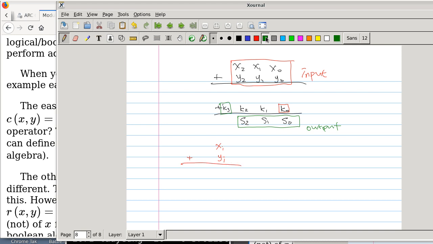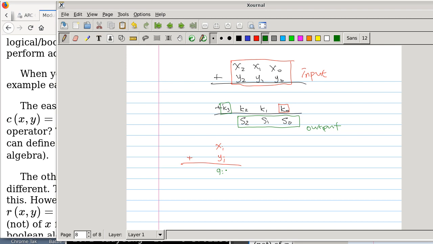I'm going to keep the same color scheme here. The output of the half adder will give you the qi, that's the r part of the half adder. But it will also give you one part of the carry of ki plus 1. I'm just going to not name that thing for now.